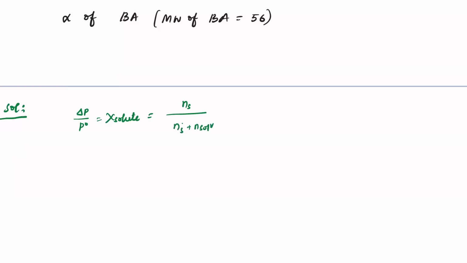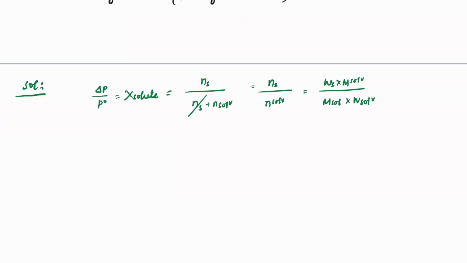For these kinds of examples, we can always ignore the number of moles of the solute in the denominator. So the number of moles of solute by the number of moles of solvent is equal to the weight of solute into molar mass of the solvent upon molar mass of the solute into weight of the solvent. Okay, correct. So just substitute these values and see which terms have been given. So this is given as 760 and 751.